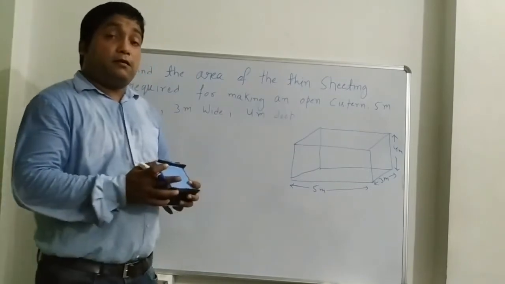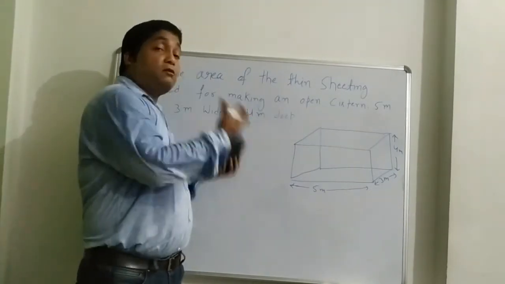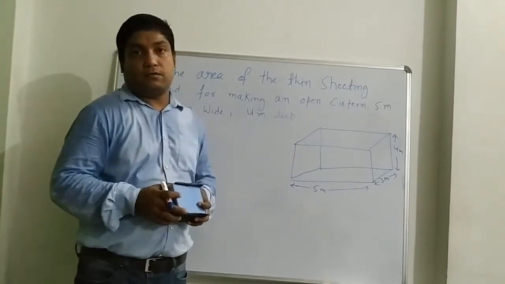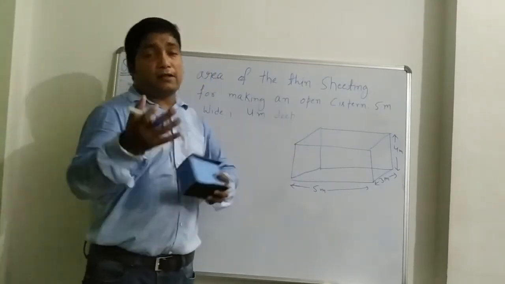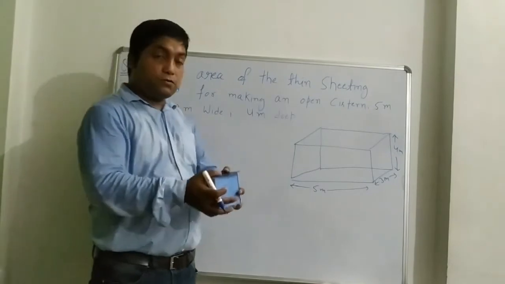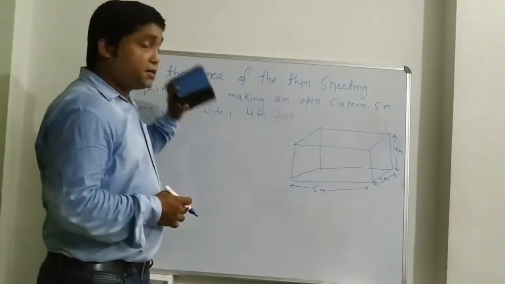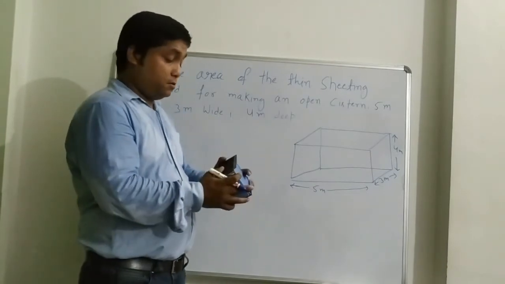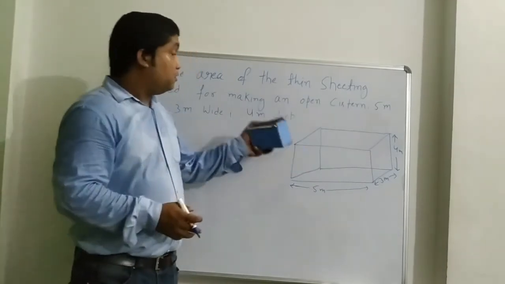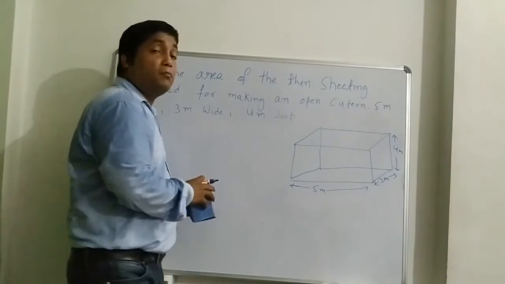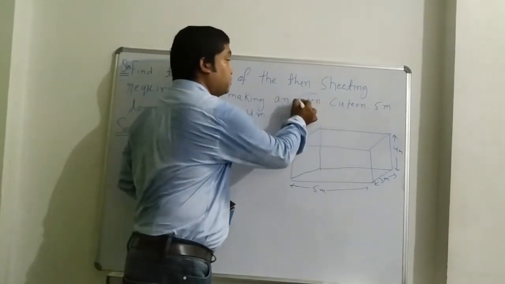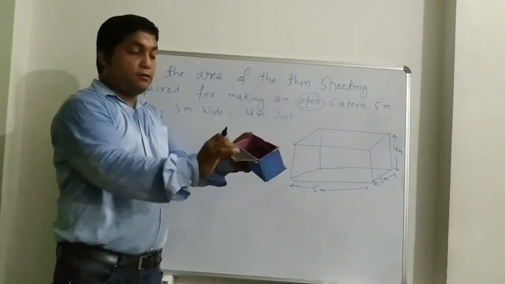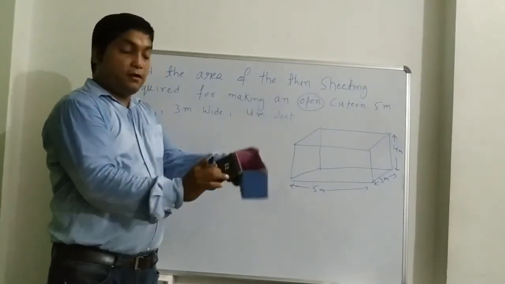But when we solve the question, we have to know what we have to find: total surface area or lateral surface area. For understanding this question, just see this model. The cistern is open, it means open like that.